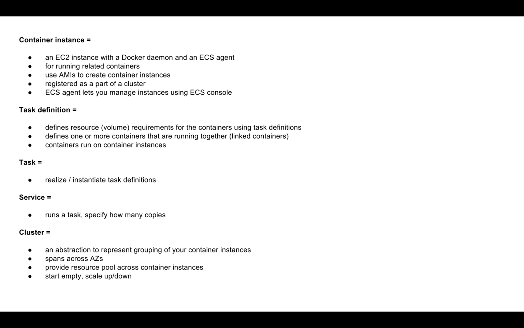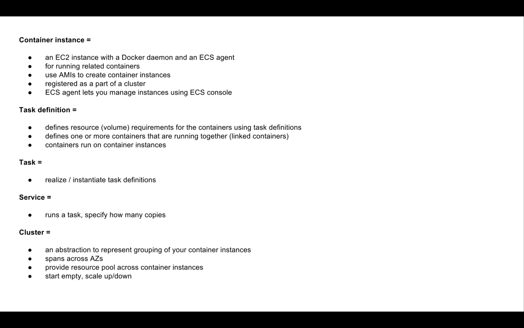So what are some of the key terms involved with ECS? First, what is a container instance? Well, in simple language, it is an EC2 instance in which a Docker daemon and an ECS agent are running. In fact, the ECS agent itself is a Docker container.